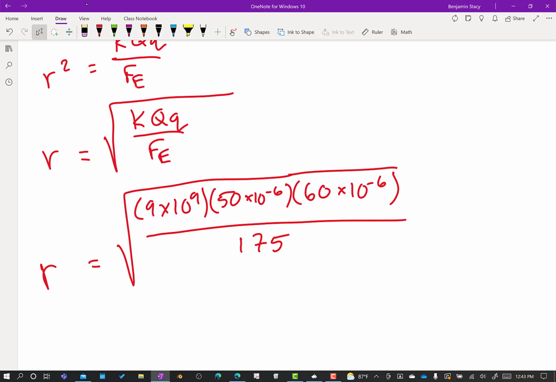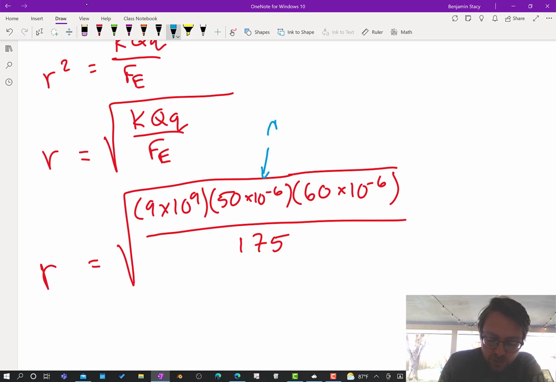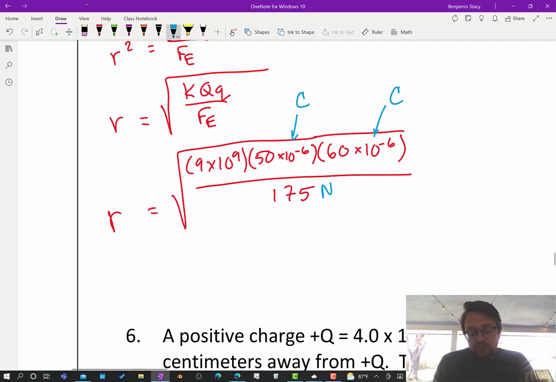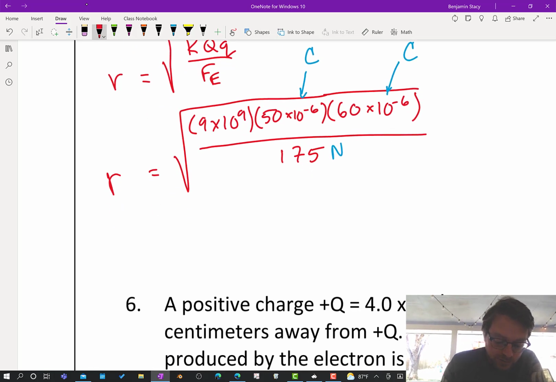And these charges, I've converted them into coulombs now, because the micro is taken care of, and this force is in newtons. We want base units so that we get an R value, radial distance between the charges, in meters. Otherwise, we'll get a number, and then you won't know what the units are going to be. So we make sure we get it converted into base units.